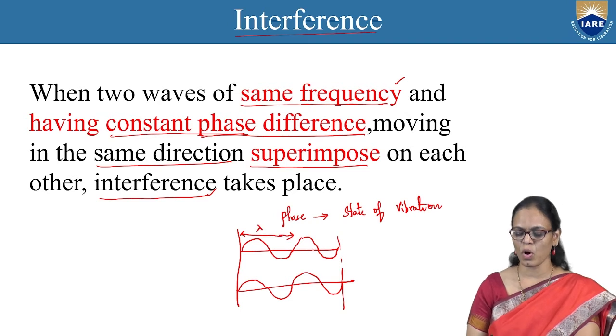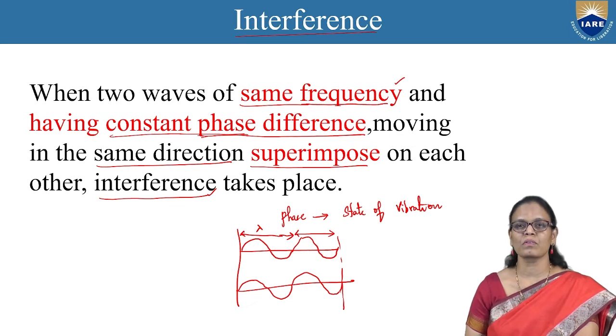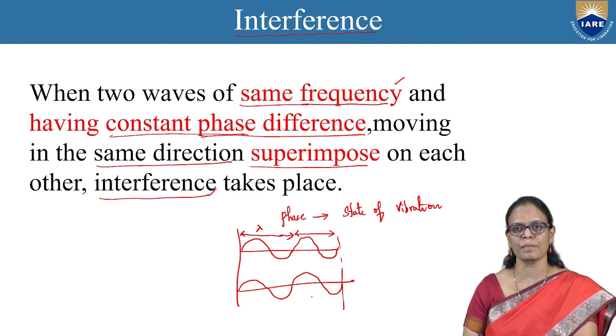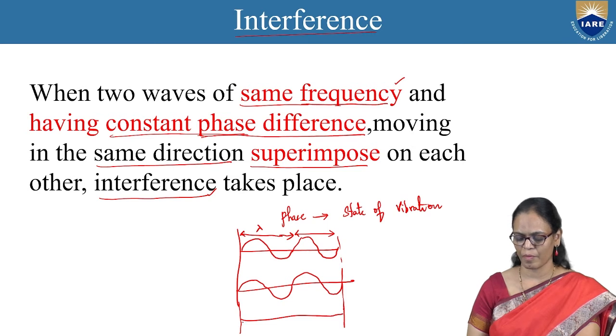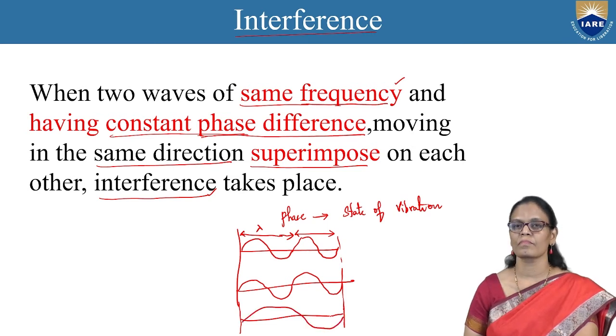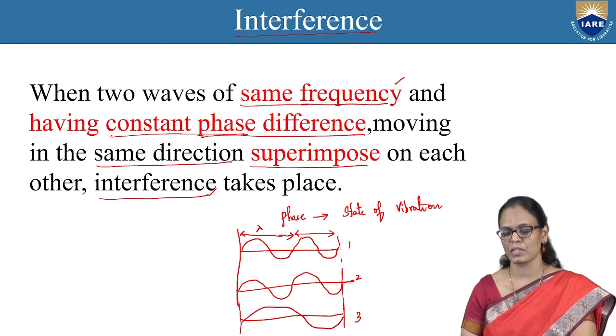So how many waves do we have here? Two waves. This is another one, so here also two. In these two cases, the frequency is the same. Suppose in the other case, I have a wave like this. Now the frequency of 1 and 2 is the same, but 3 is different. So that is what we mean by frequency.